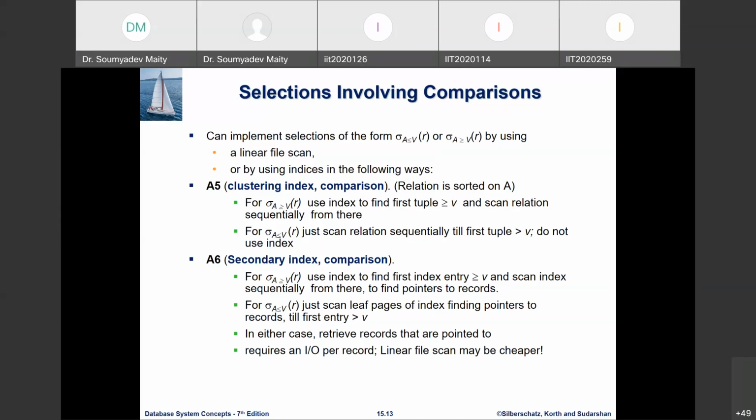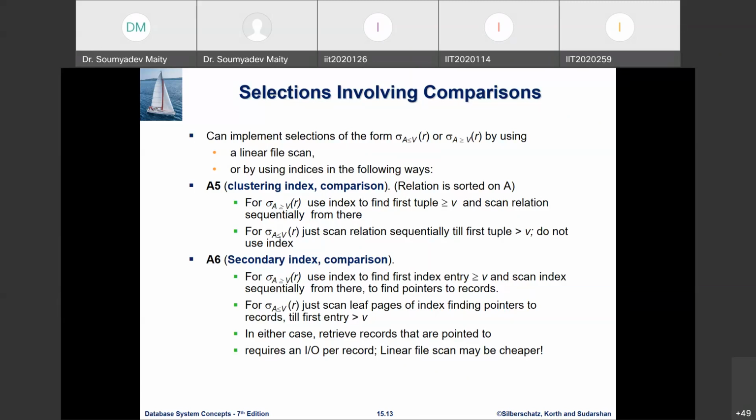So you cannot take any advantage from the file, but the index structure, the B+ tree, is definitely sorted. So you can use the B+ tree to get to the first entry which satisfies that condition. And from there, you just access sequentially the leaf pages of the tree, because the tree leaf pages are already sorted. When you create an index, you know already that the index is sorted, whether the file is sorted or not.